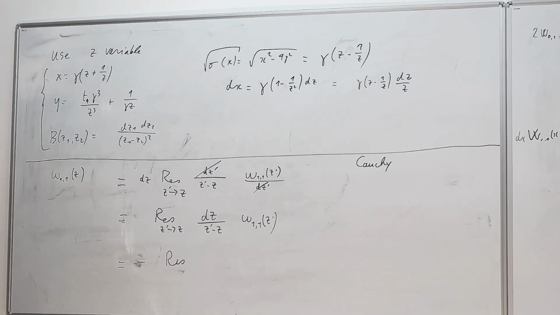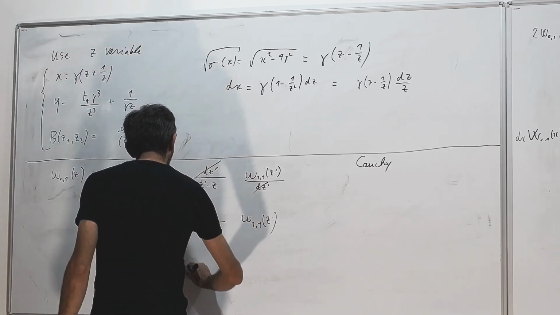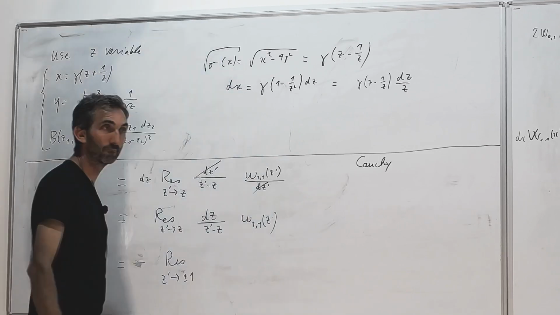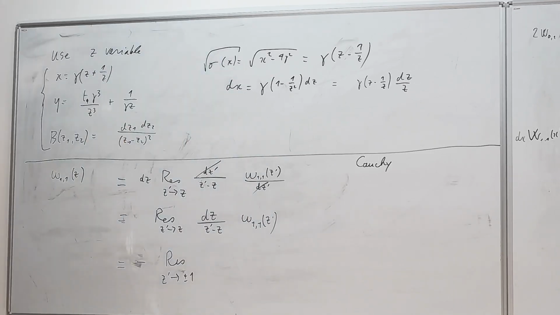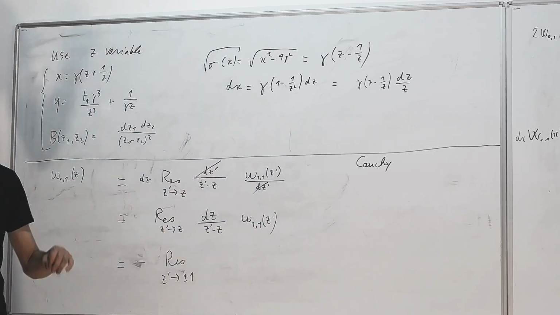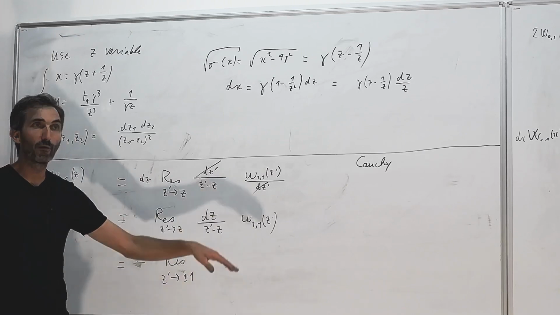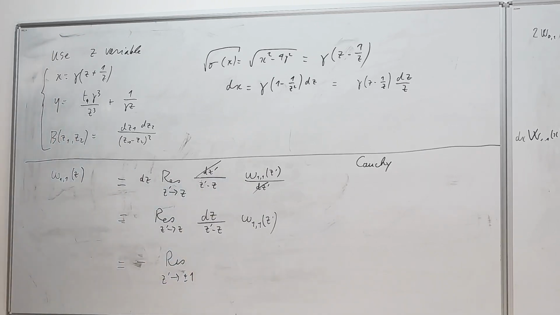The other possible poles: we know that there is a pole at z prime goes to plus 1 and minus 1. We know that W11 of z prime at infinity behaves like 1 over z prime square times dz, and there is an additional even 1 over z prime, so it's a 1 over z prime cube. So there is no pole at infinity.